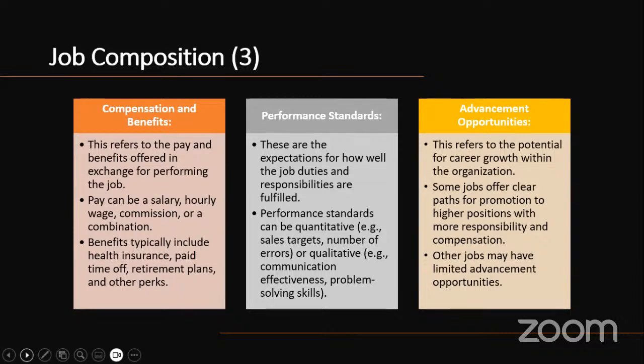When we look at the quantitative, it talks about what we can measure, what we can see, maybe through numbers. But when we talk about qualitative, these are the things that we cannot see just through numbers, being soft skills that you can literally discover from those who are performing the job. And we talk about communication effectiveness, problem-solving skills.